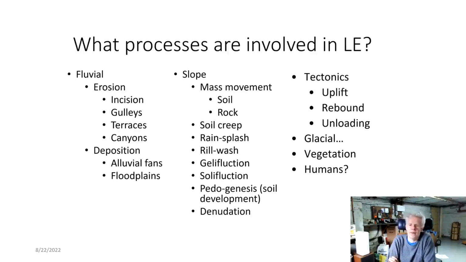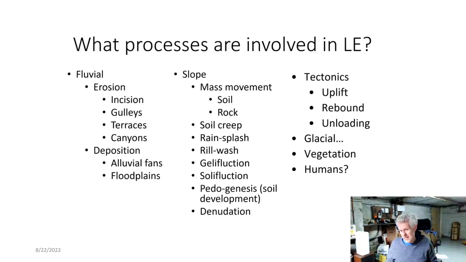So when we're trying to model landscape evolution in models like CAESAR-Lisflood, we have all sorts of difficulties just because of the sheer number of processes that are involved. I've sketched out many of them, but not all of them. We've got fluvial processes, erosion, deposition, and within there gullies, terraces, canyons, floodplains, alluvial fans.